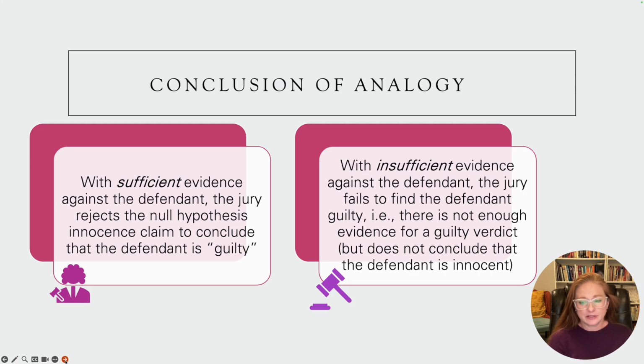But that does not necessarily conclude the defendant is innocent. Right? We all can think back on some cases where I wouldn't necessarily say that person's innocent. But the police, the prosecuting attorney, the evidence failed somewhere. It wasn't enough to say without a shadow of a doubt that person was guilty.